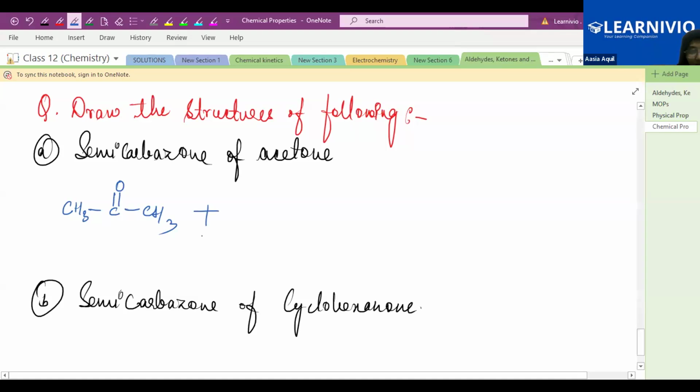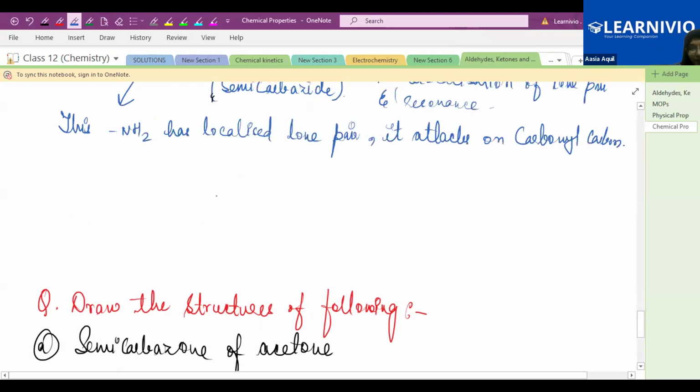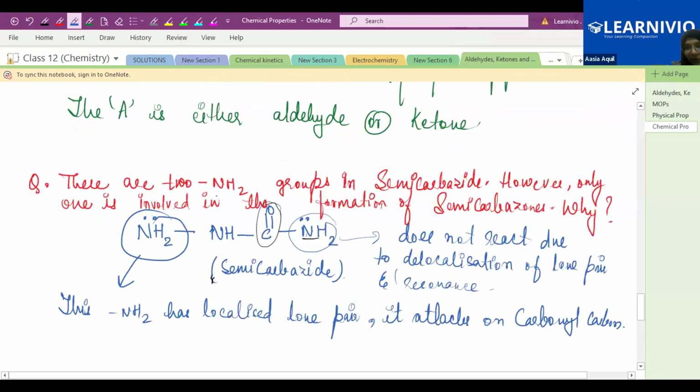What is the structure of semicarbazide? NH2, NHCO, NH2. Whenever you react semicarbazide with carbonyl compounds, you will get a semicarbazone.